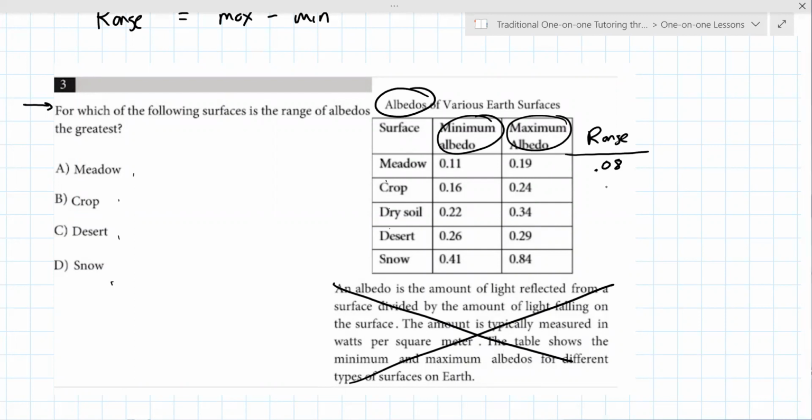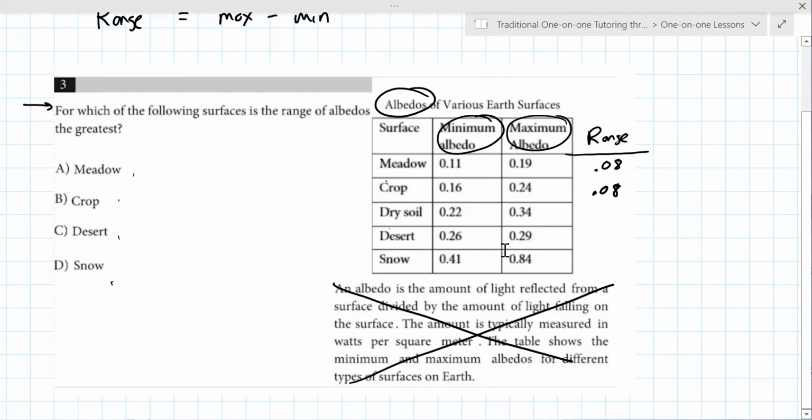0.08. Okay. Yeah, and if you need to, you can think of it as like 34 minus 22. That may shorten that up for you a little bit.